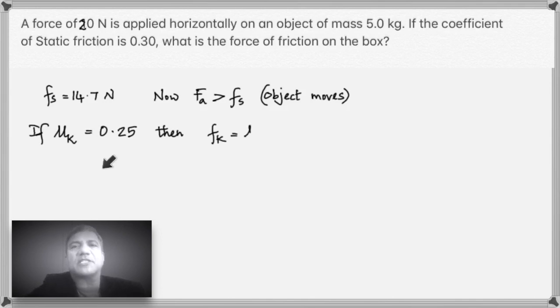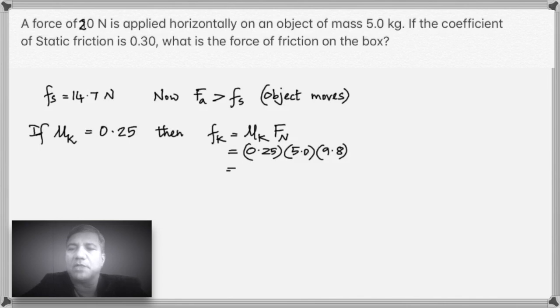So assuming that it's 0.25, we calculate the new friction, which is mu sub k times Fn. So 0.25 times 5 times 9.8 will give 12.25 newtons. So in this case, the force of friction is 12.25 newtons.